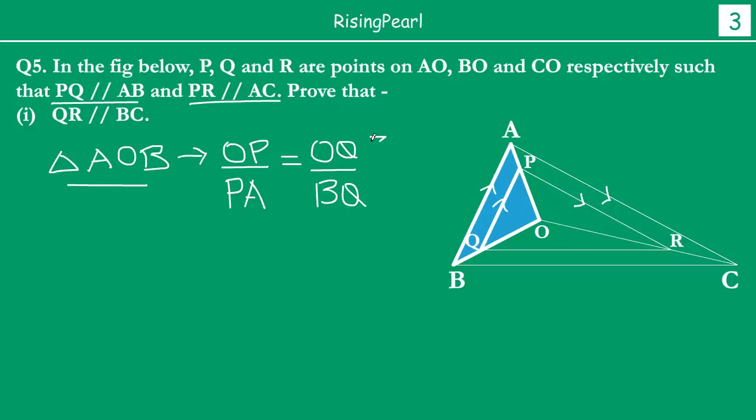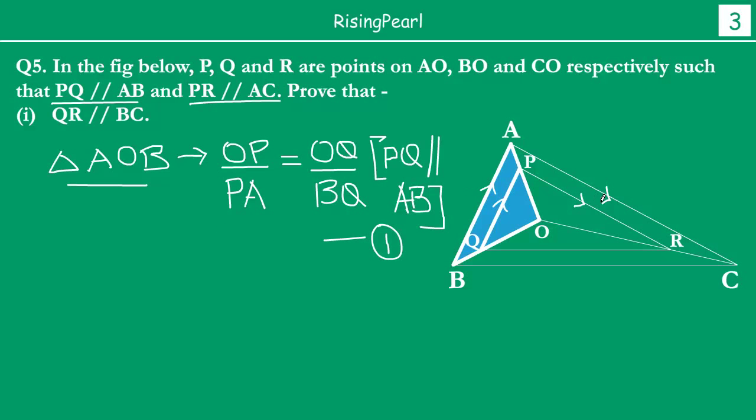Why? Because simply, it is given that PQ is parallel to AB. So if I have PQ parallel to AB, then from the theorem it follows that these ratios should be equal, right? Because then PQ divides OA and OB in the same ratio. So this must be true. I call this equation 1.